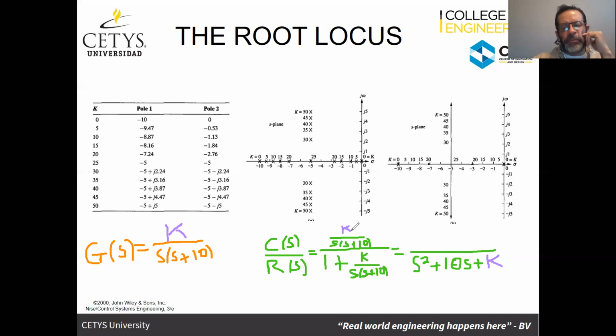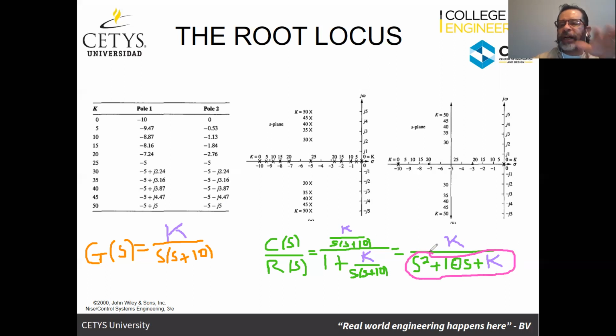And we have to remember that in the end, the poles for this system are going to define the behavior of the system. And so those roots are going to be given by this equation here on the bottom.